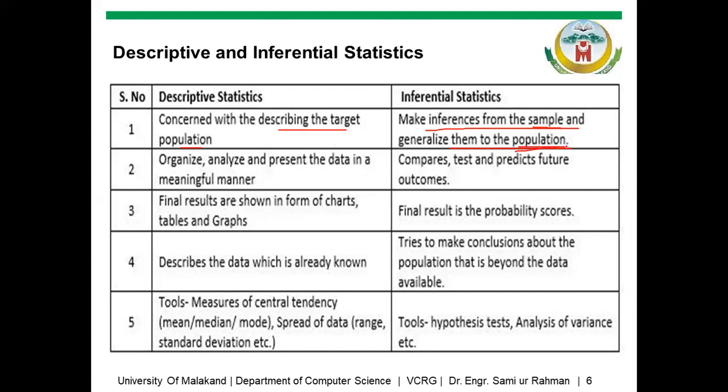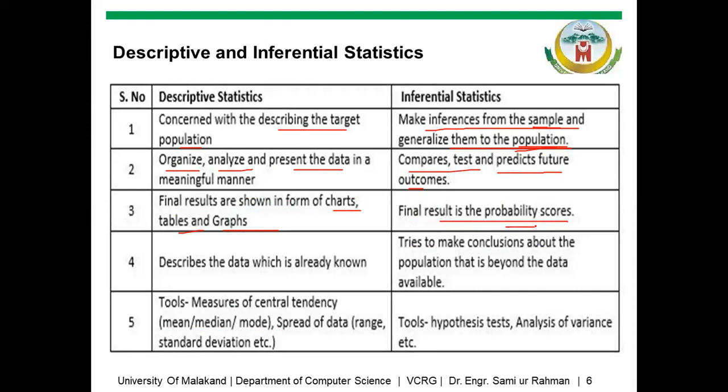Population is the whole data and samples are fewer examples from the given population. In descriptive statistics we organize, analyze, and present the data, and in inferential statistics we compare, we test, and we predict future outcomes. Final results are shown in the form of charts, tables, and graphs. Final results are provided in the form of probability scores.